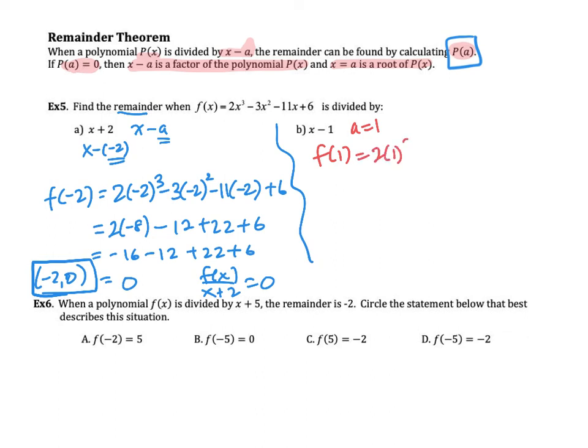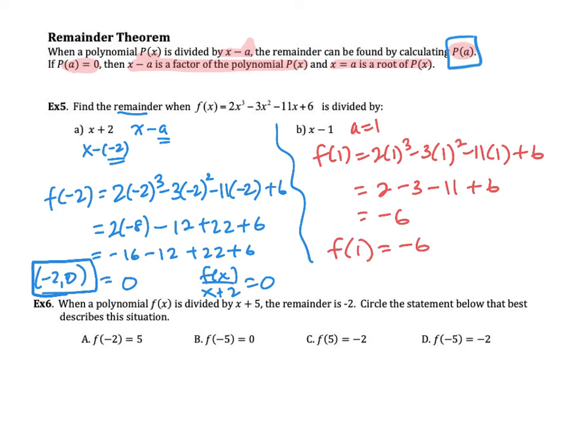So it's 2 times 1 cubed minus 3 times 1 squared minus 11 times 1 plus 6. Well, that's 2 minus 3 minus 11 plus 6. So what do I have this time? It looks like I have negative 6, right? 2 minus 3 is negative 1, minus 11 is negative 12, plus 6 is negative 6. So this time when you plug in 1, you get a remainder of negative 6.